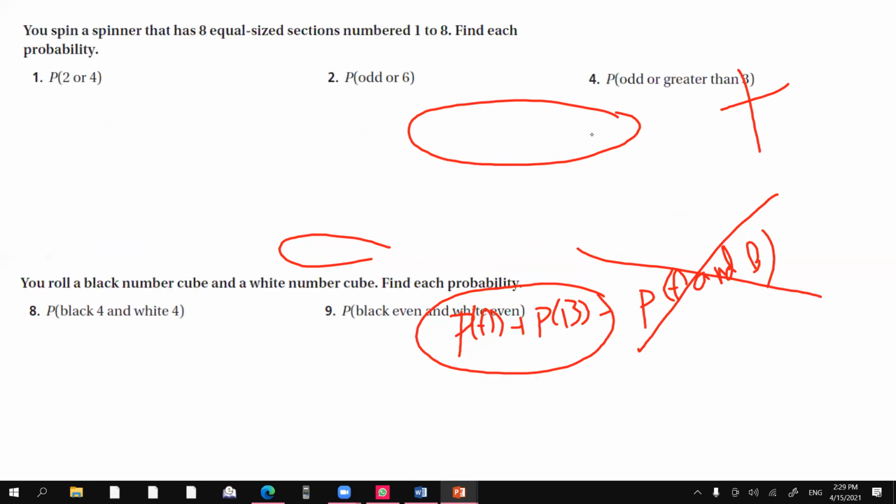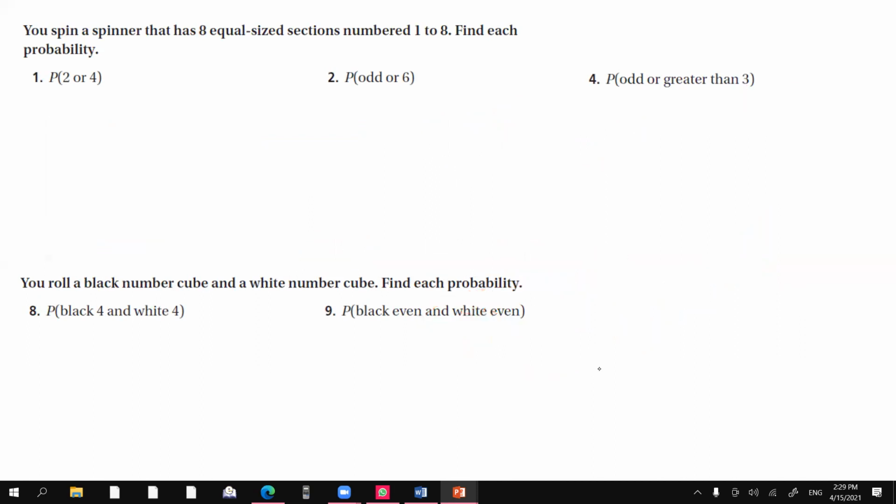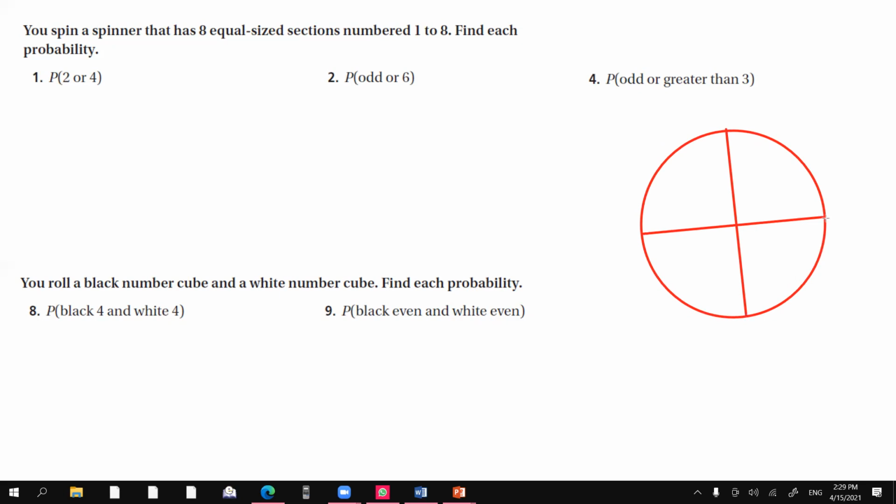Let's start now with our examples here. Now here, you spin a spinner that has 8 equal sized sections. So here now, we have a spinner, and this spinner is cut into 8 equal sections.